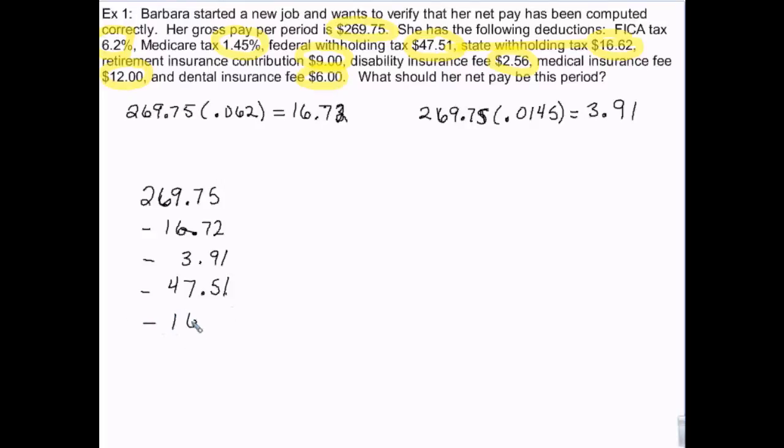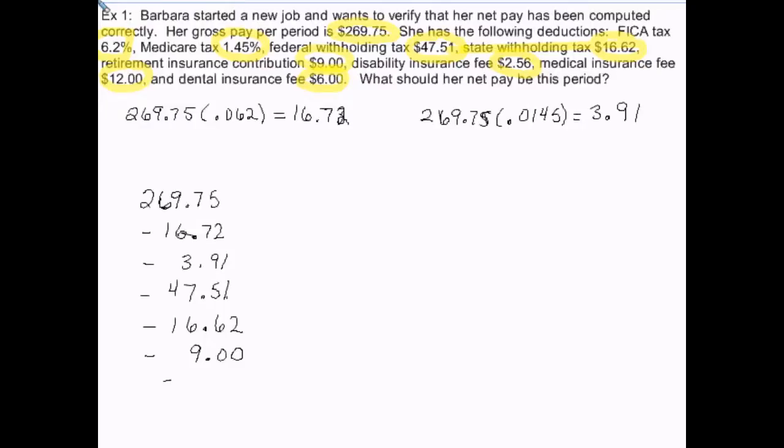You've got state withholding, so that's state income tax, retirement, disability insurance, and then we're subtracting medical insurance and dental insurance.